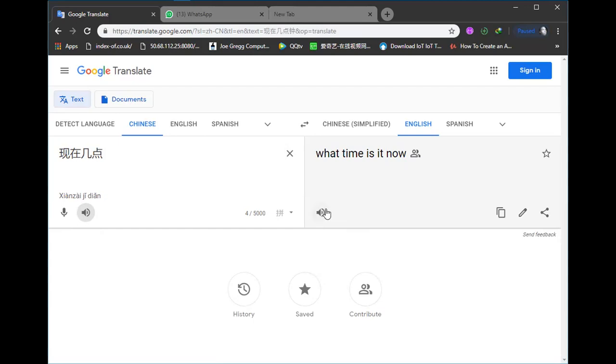What time is it now? So it's still the same. We can use 钟 or we can remove 钟. It's still the same. So 现在几点 or 现在几点钟, all are the same.